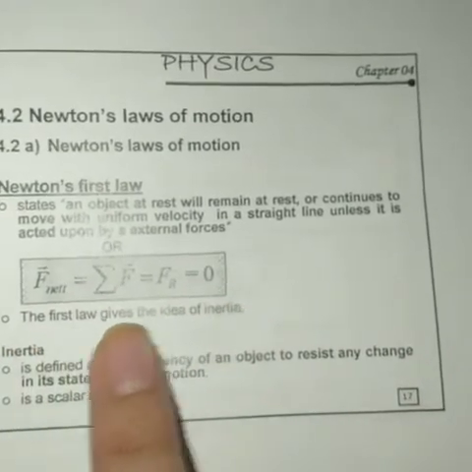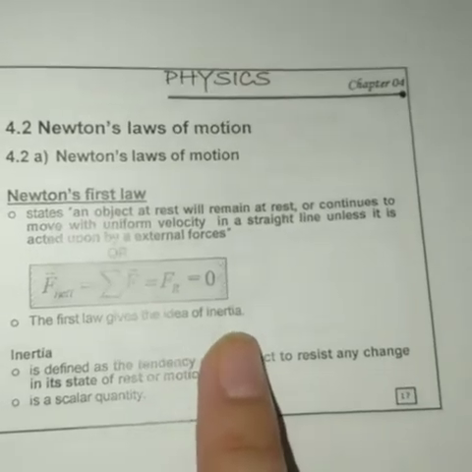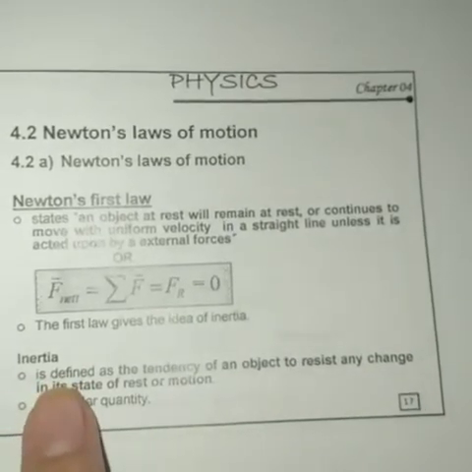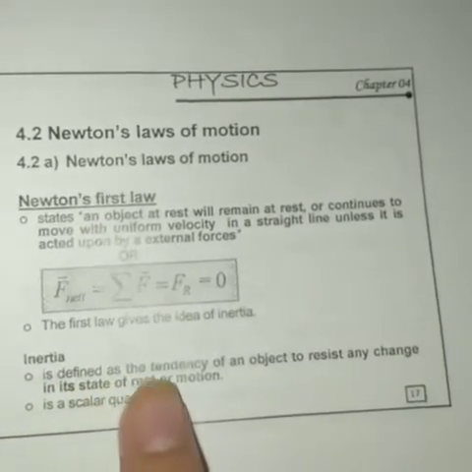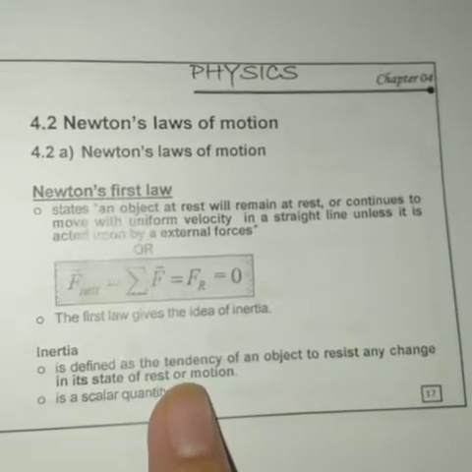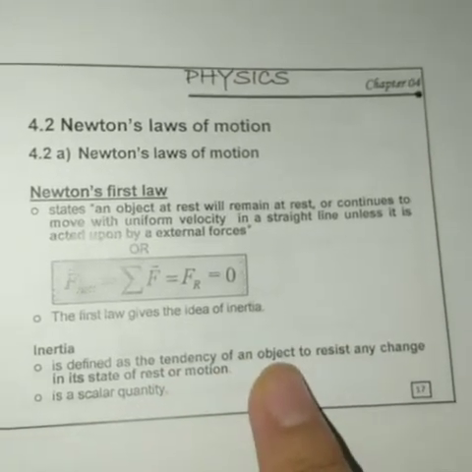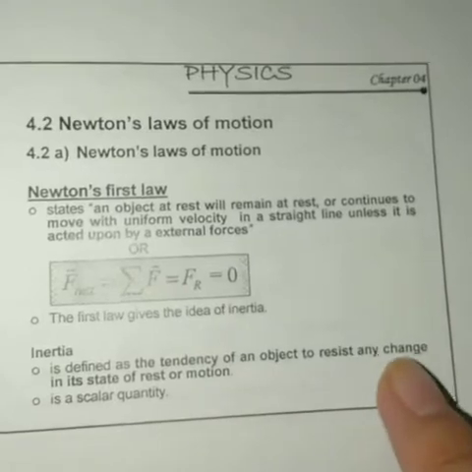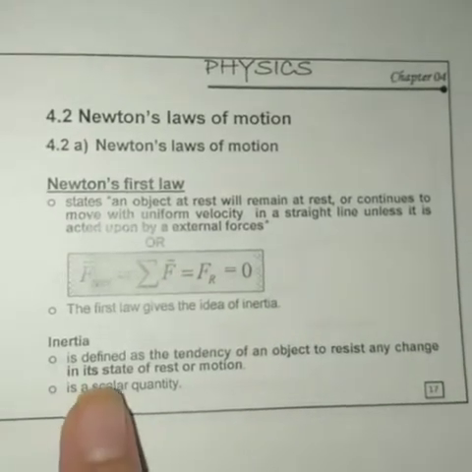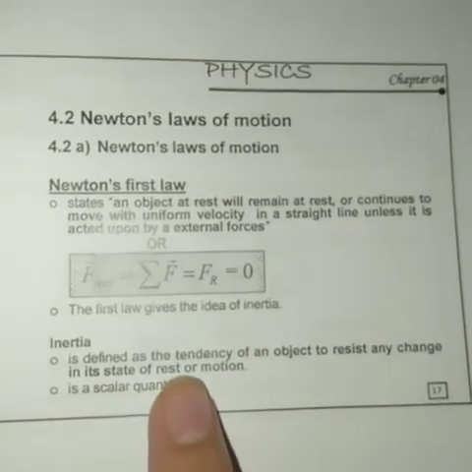The first law gives the idea of inertia. Inertia is the tendency of an object to resist any change in its state of rest or motion.